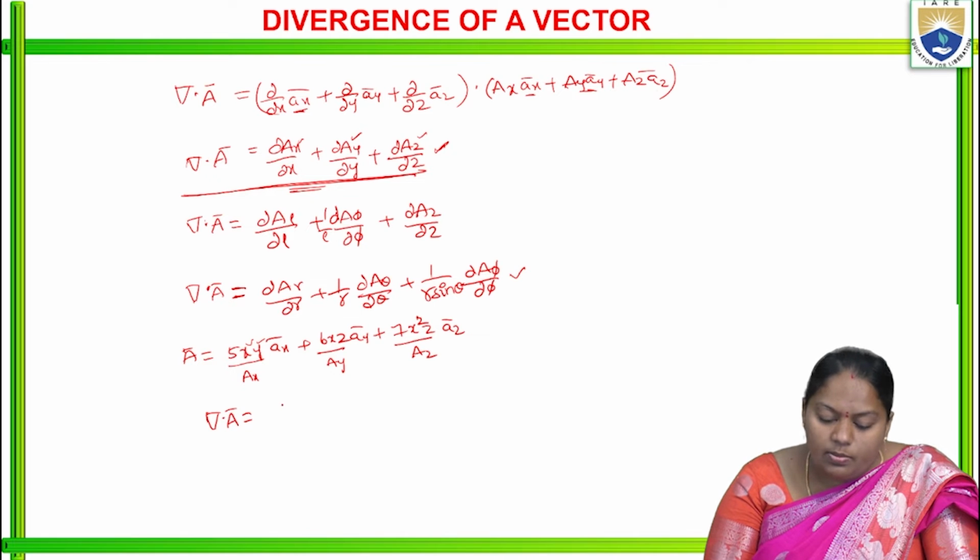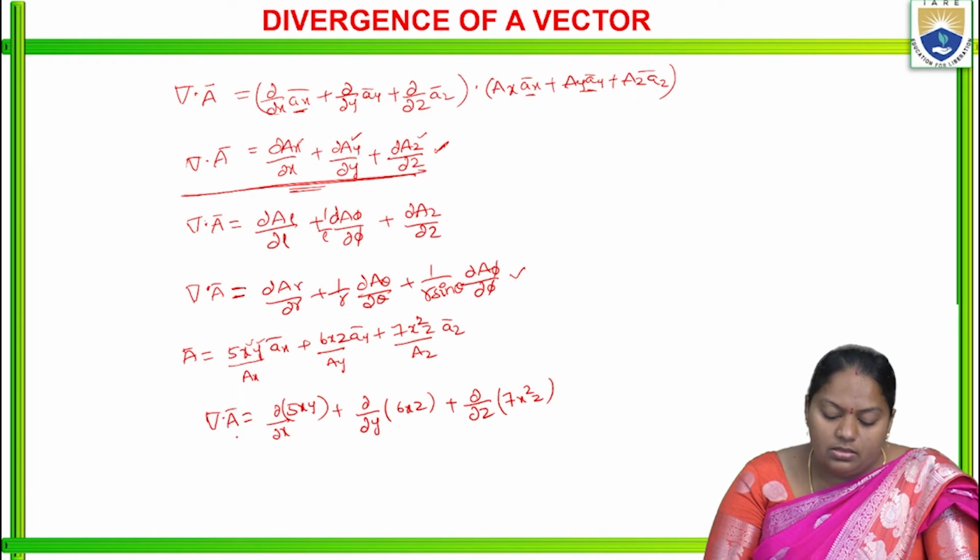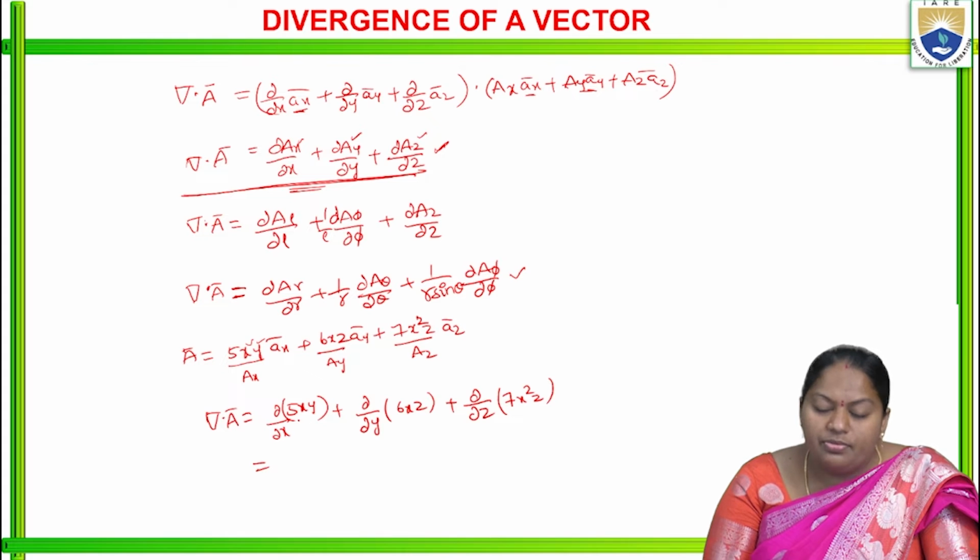Then del dot A bar can be, dou by dou x of the x component, 5xy, to be considered, plus dou by dou y of 6xz to be considered, plus dou by dou z of 7x square z to be considered. Then dou by dou x of 5xy.